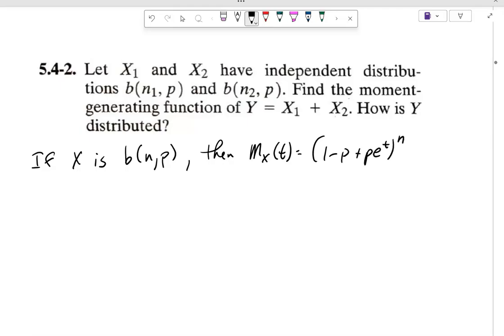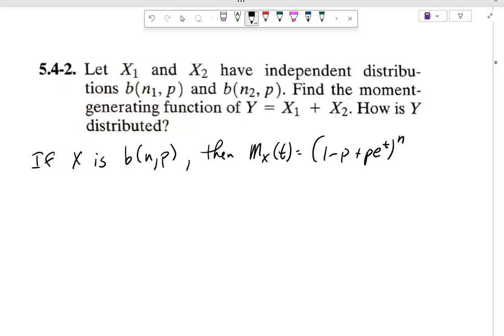That's our moment generating function for a binomial in general.